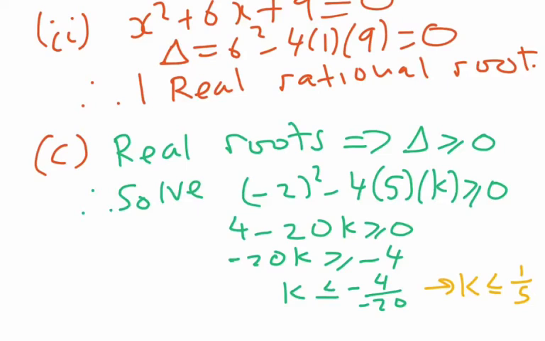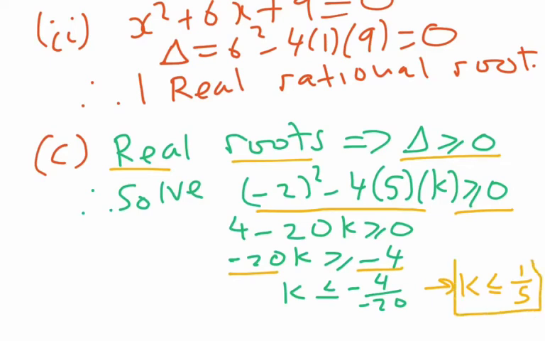So just quickly looking at this, for real roots, you'll show delta is bigger than or equal to 0. So we solve the discriminant bigger than or equal to 0. If you work that inequality through, and don't forget when you're dividing by negative 20, you have to reverse the inequality sign, and you should get this. So when k is less than or equal to 1/5, the roots are real.